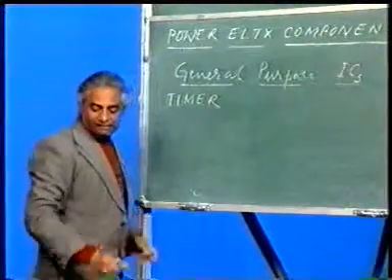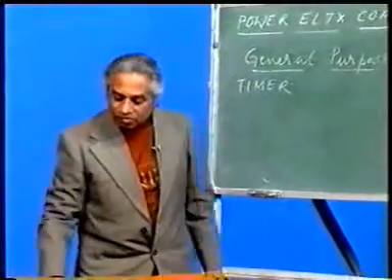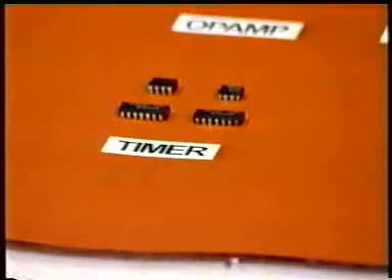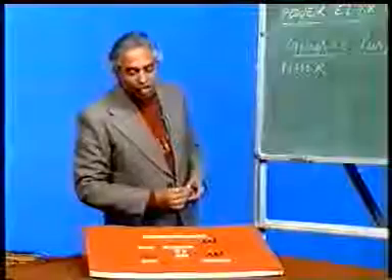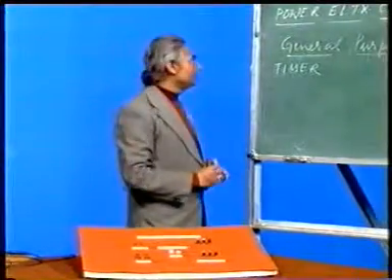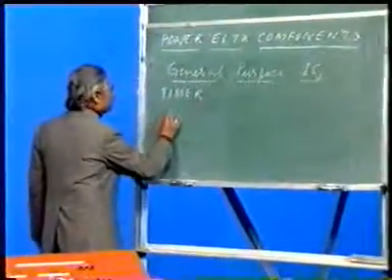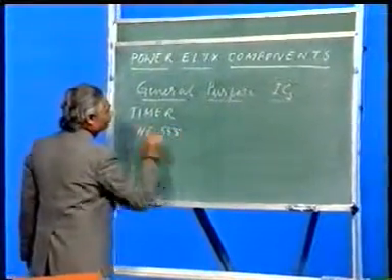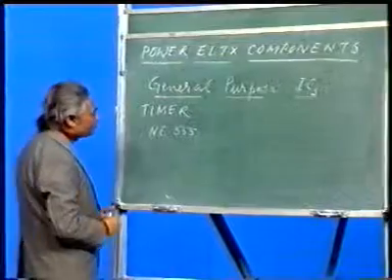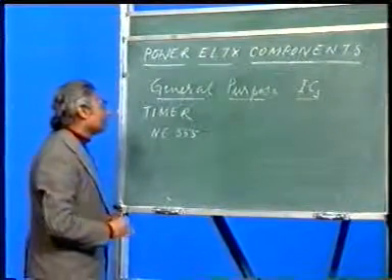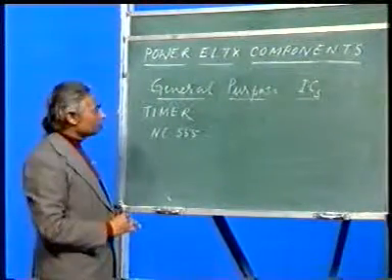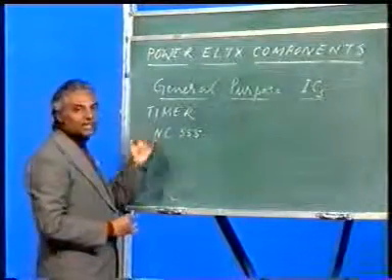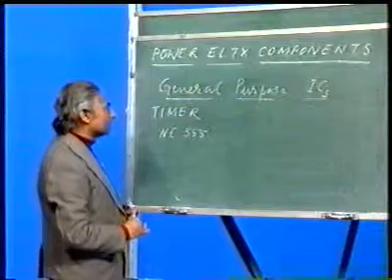Here we have some of the timer ICs, and normally the timer IC which is used is NE555. This IC is very commonly used and very commonly available in the market also. It works as a multivibrator, both astable as well as bistable.